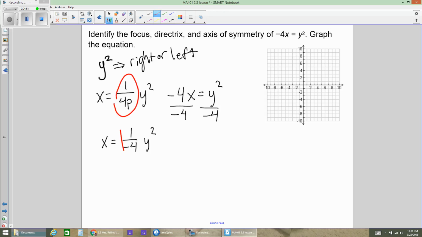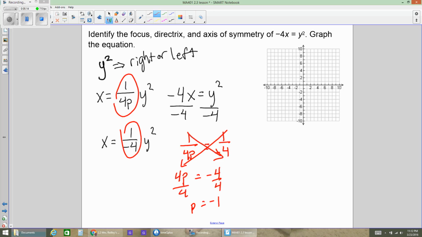I find it's easiest to just set up a proportion here. So I'm going to say 1 over 4p is equal to 1 over negative 4. Cross multiply, that's 4p. Cross multiply, that's negative 4. Divide by your 4. P equals negative 1.